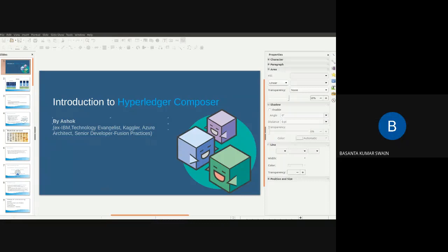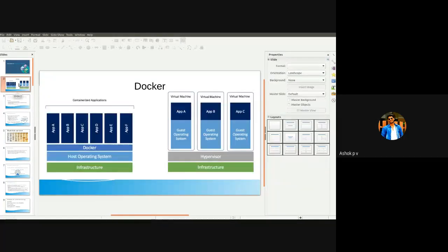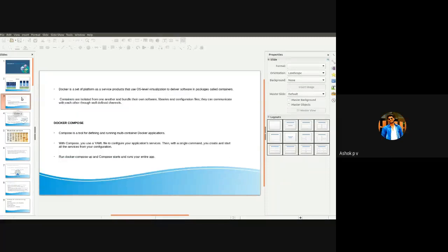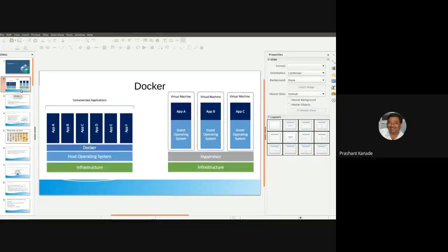Excuse me, sir. Sir, we are able to see only your first slide, not the other slides. I'm discussing the second and the first. I'm not able to see them. No, sir, we are able to see only the first slide. Okay, let me just see.